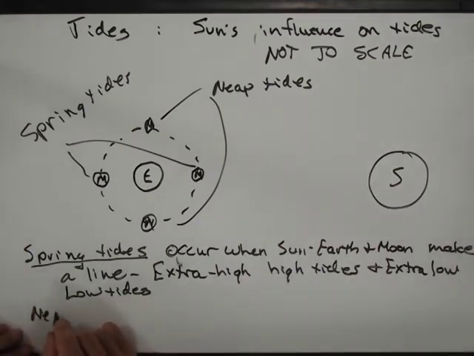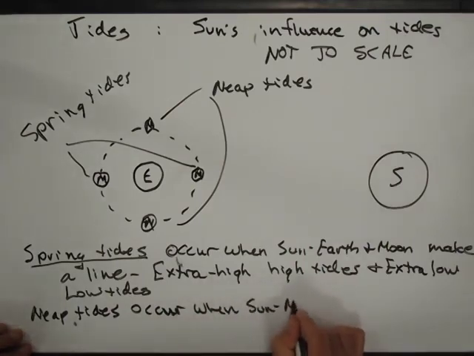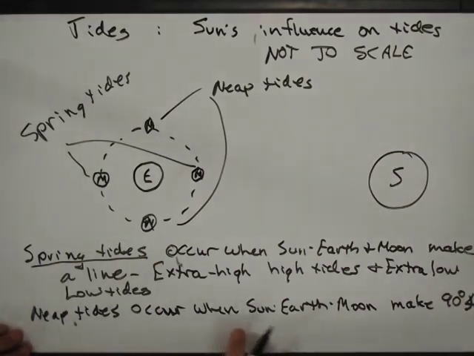Neap tides occur when the sun, moon, and Earth make a 90-degree angle.